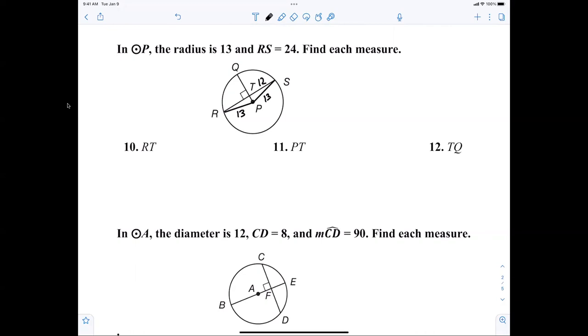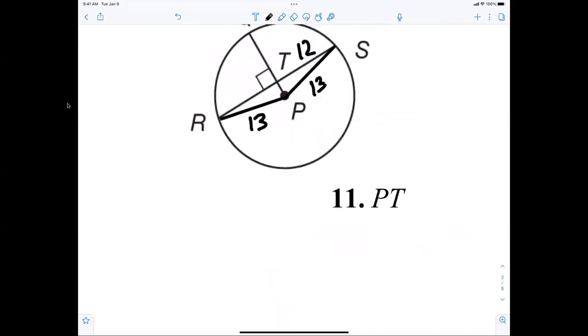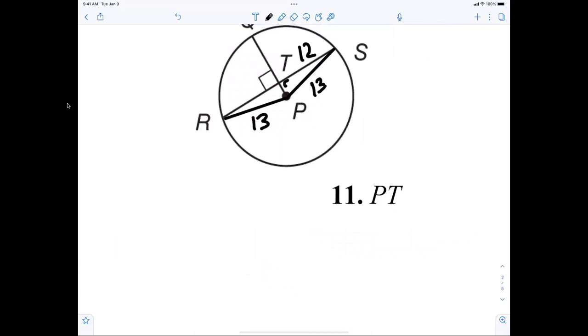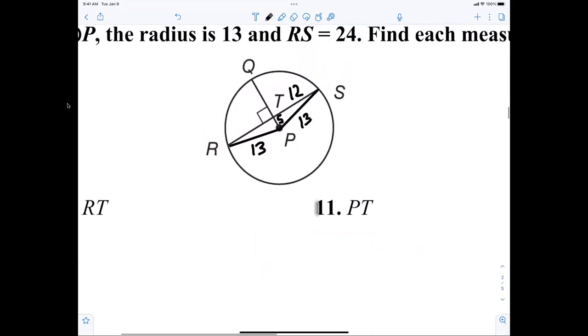So what is PT? 5, because we remember our what? We remember our triples. All right, 5, 12, 13. So this is 5. Come on, stay with me.